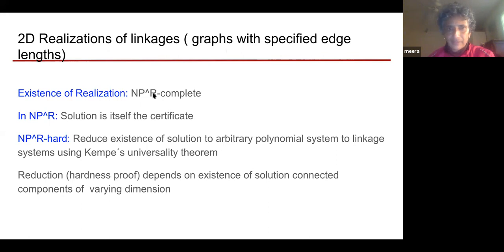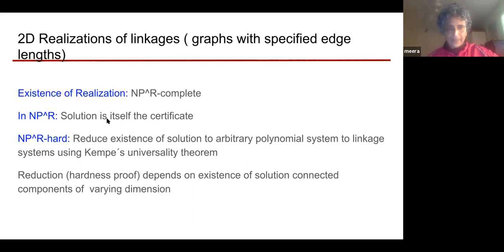If you assume you can work with real numbers and just think about the algebraic complexity, those complexity classes usually have the superscript R in them, as opposed to when you are using our usual computers with bits and finite precision, where they don't have that R. In any case, the existence of a realization is NP^R-complete.